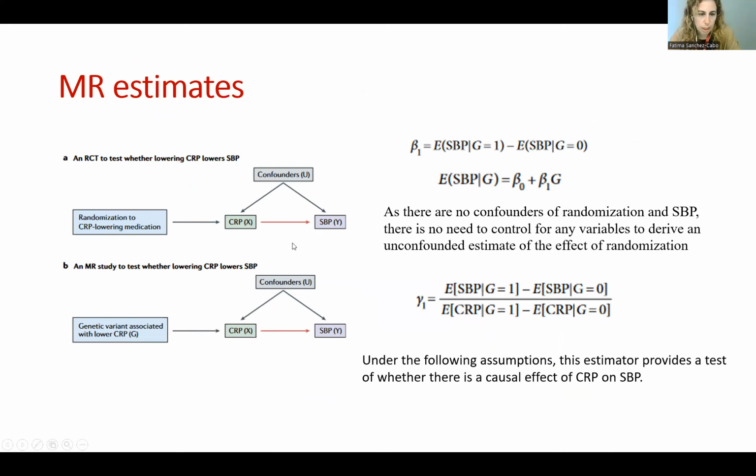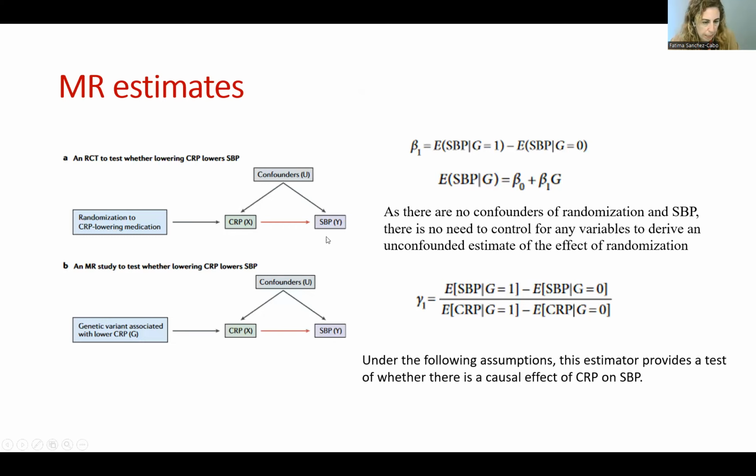Coming a little bit deeper into the way this is estimated, it is actually very easy because, as we saw before with the potential outcomes framework, in this situation it is just the expected value. This is one of the first examples in which they applied Mendelian randomization to try to prove if the levels of CRP, the C-reactive protein, a marker for inflammation that is known to be very much related to cardiovascular disease, matter.